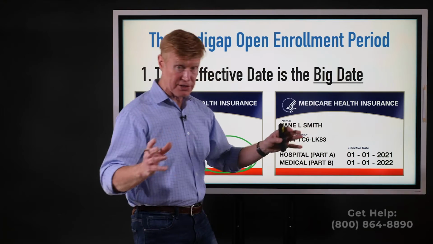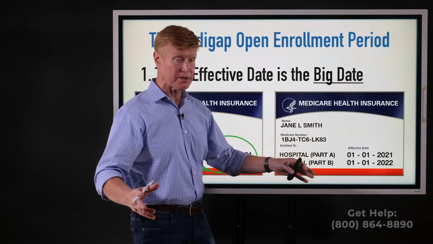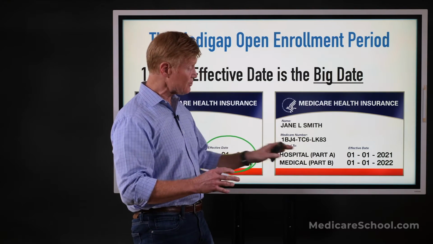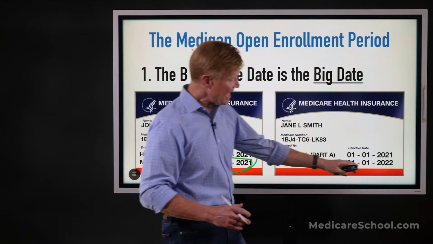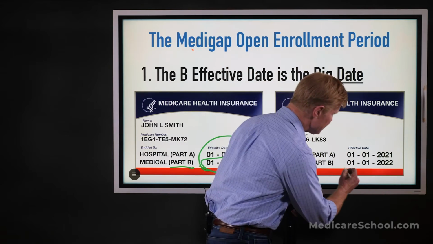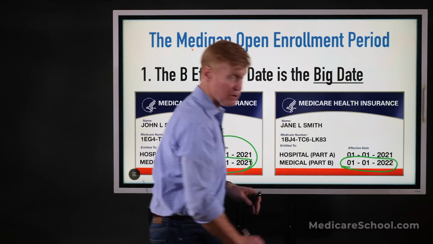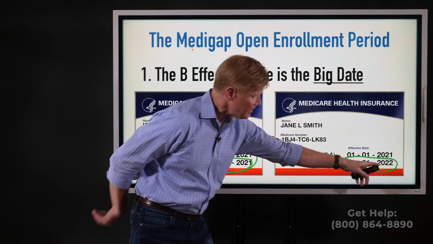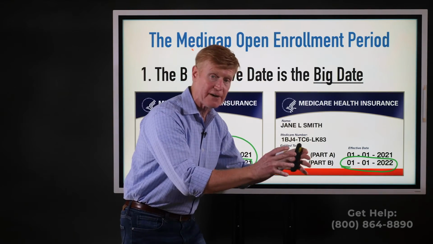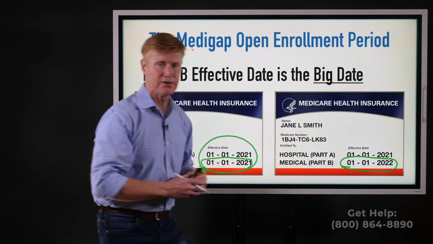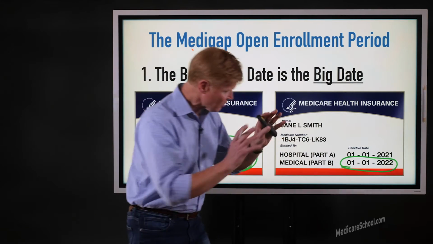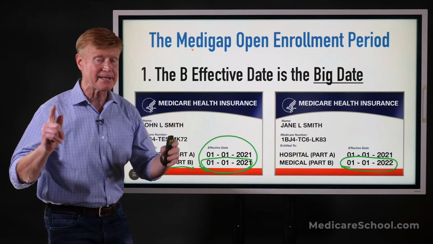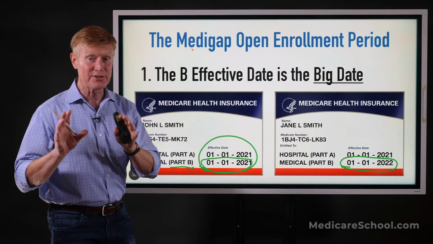Her A date when she turned 65 was January 1st, 2021, and she's going to work 1 year later and then retire. Then she's going to enroll in Medicare Part B, and her B date is now going to be January 1st, 2022. So what's her timeline? Her Medigap open enrollment starts 1/1/2022 and goes all the way to the end of June 2022, and during that 6-month window, she has no underwriting required. After that 6-month period is over, she would have to go through underwriting to get a Medigap policy. That's Jane's situation.